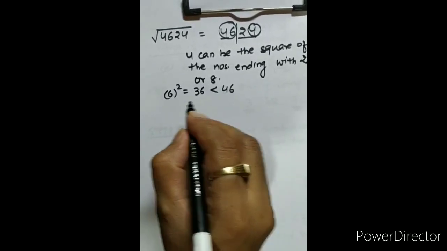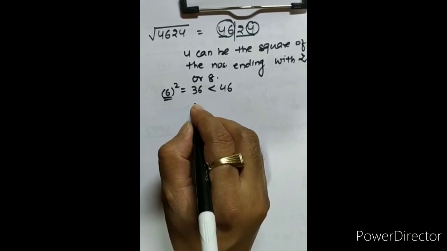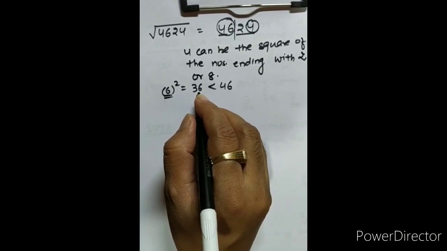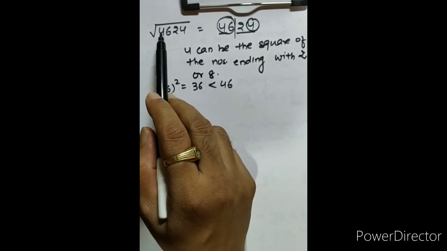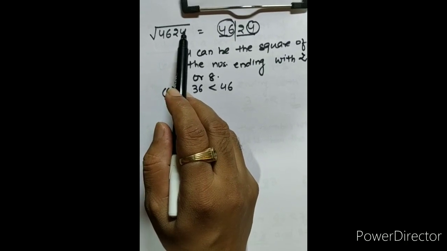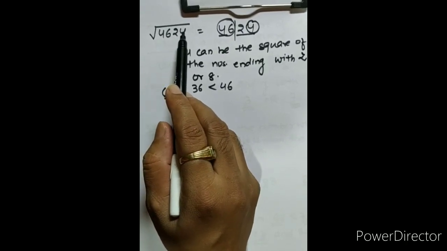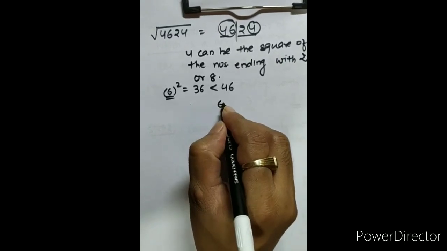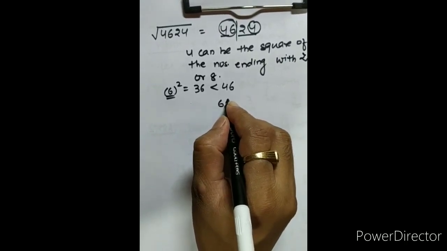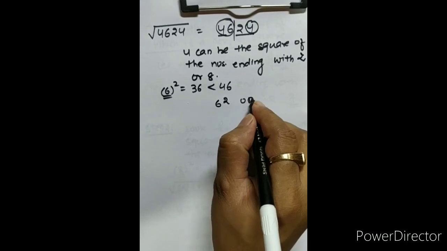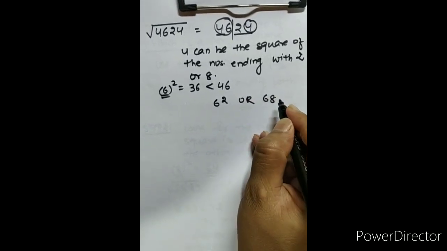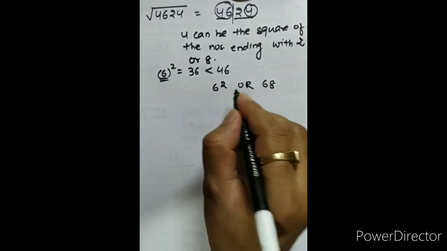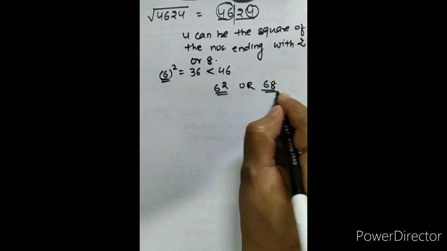So the two possible numbers whose square is 4624 are either 62 or 68.